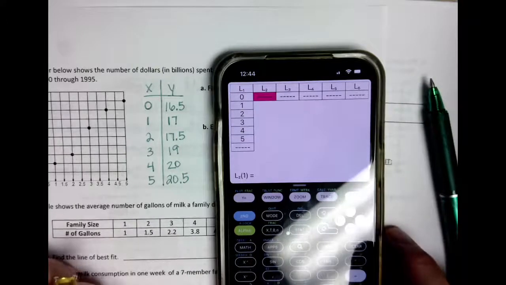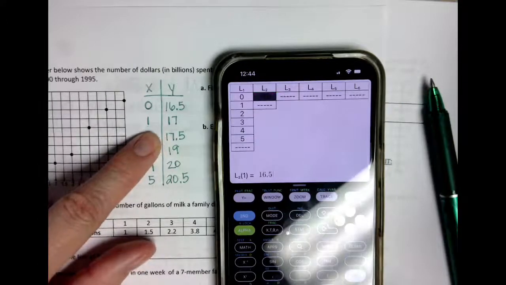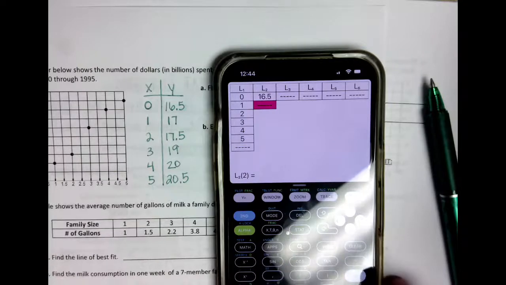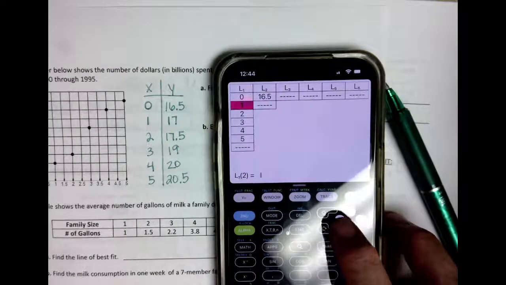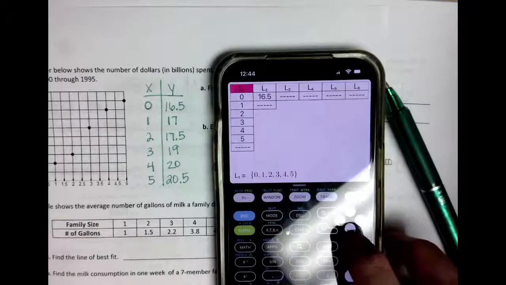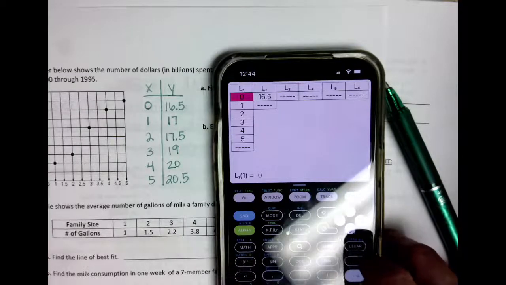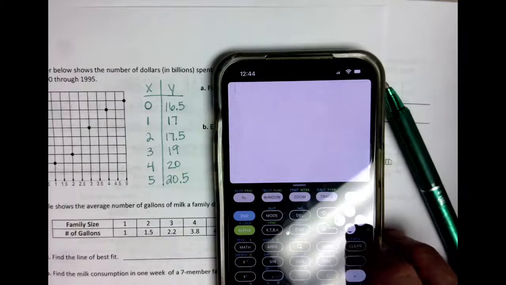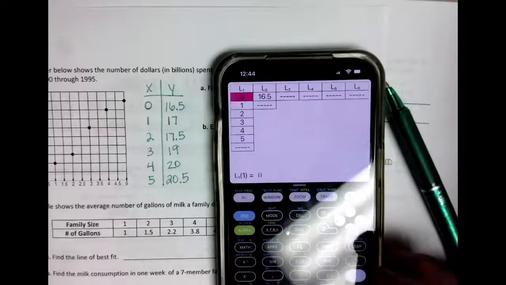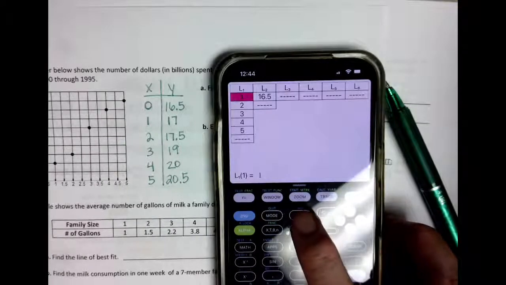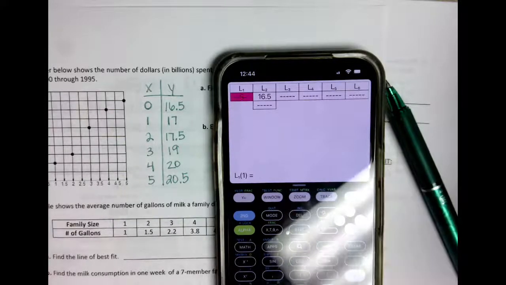Then I'll move over to L2. I think the same way. Then you'll just clear each box. Oh, I see what you mean. On each of the numbers, you hit delete and it'll delete it.